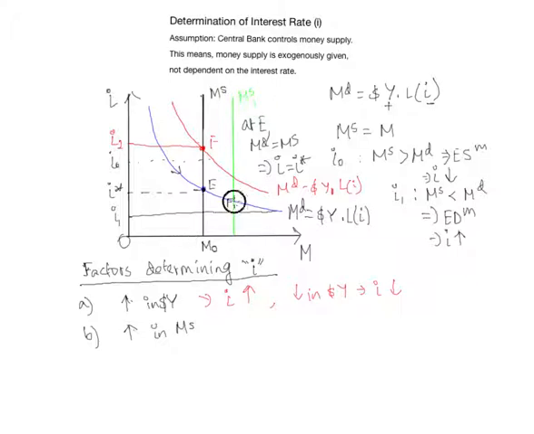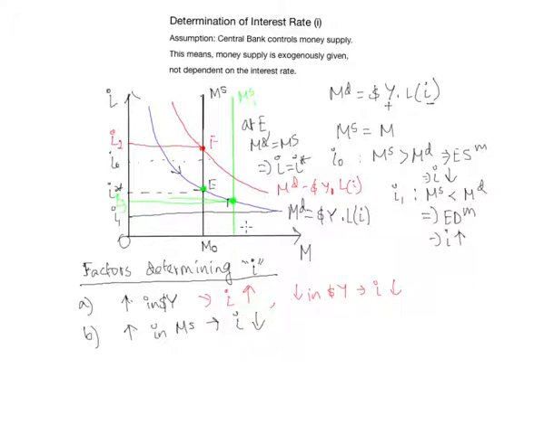Note what is happening here. Equilibrium interest rate was here when money supply was MS, but when money supply is MS1, then equilibrium interest rate has decreased to, let's say, I3. So increase in money supply would cause interest rate to fall.